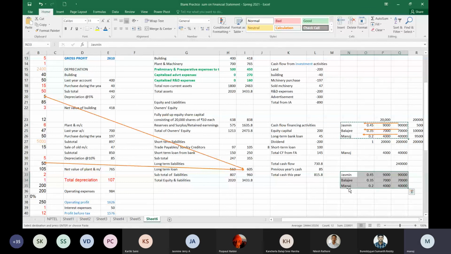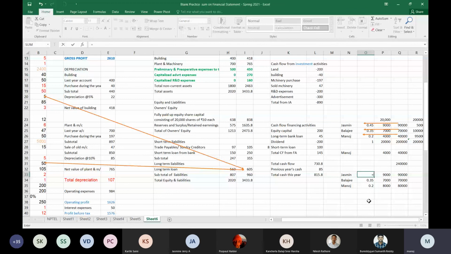Against my name, it is now no longer 40,000, it is 80,000. So I get not 4,000 but 8,000 shares. Now all percentages have to be calculated based on this.